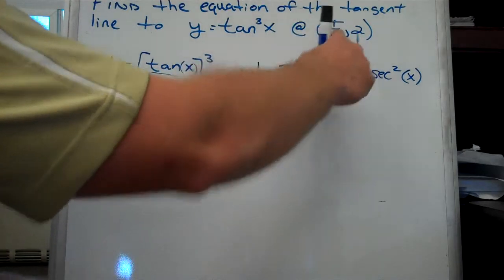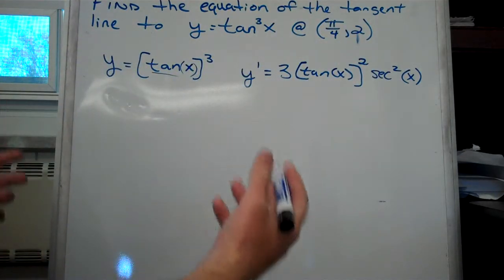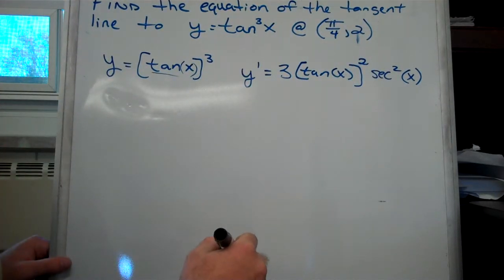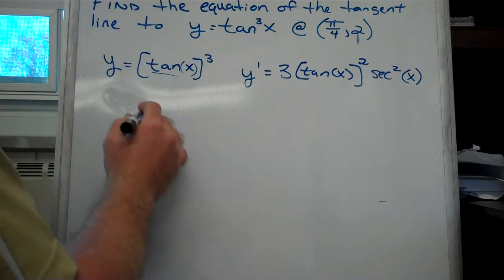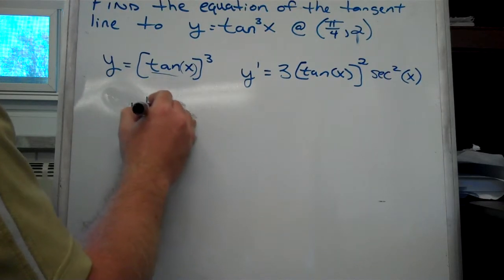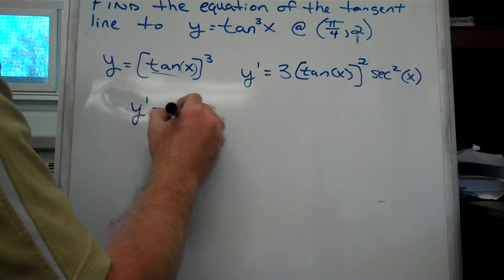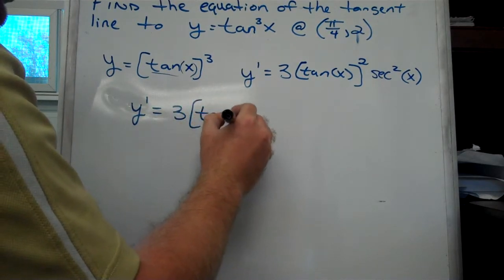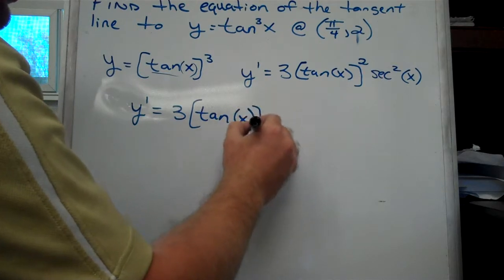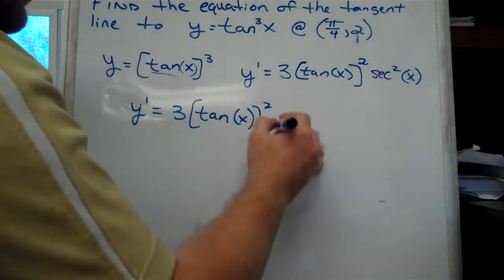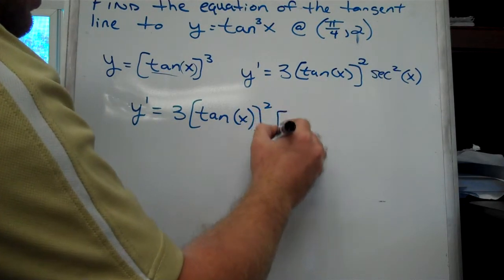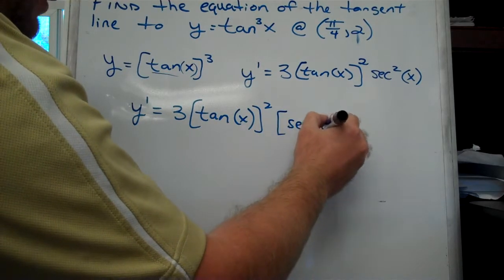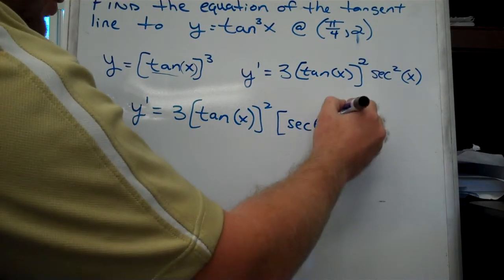We're going to evaluate this at pi over 4, comma 2, because that's where we're interested in our tangent line. I'm going to rewrite this derivative as y prime equals 3, leave this as tangent of x, squared, and rewrite the other as secant of x, squared.